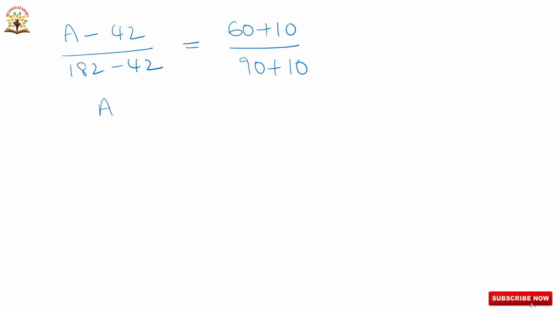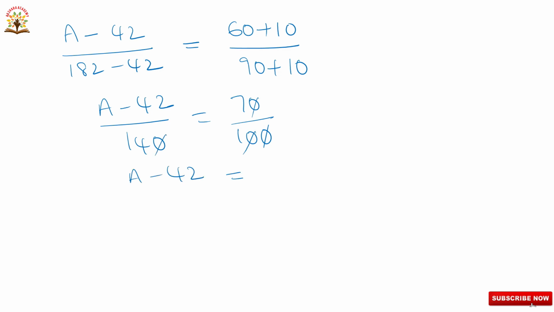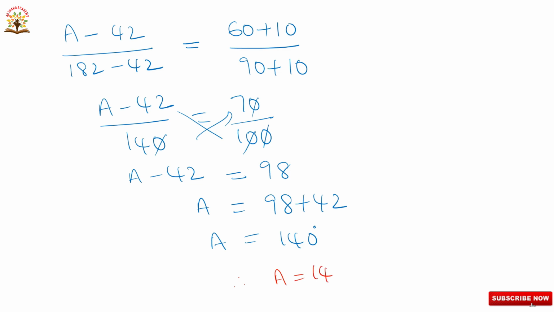So (A minus 42) by 140 is equals to 70 by 100. Here 0 gets cancelled. A minus 42 is equals to, 14 sevens are 98, taking cross multiplication. So A is equals to 98, minus 42 becomes plus 42. A is equals to 140 degrees. So this is the final answer. Therefore the reading of A is 140 degrees. Okay. Thanks for watching this video.